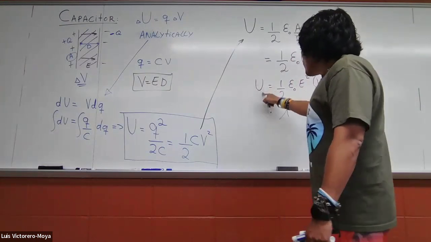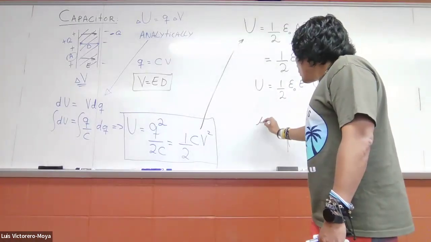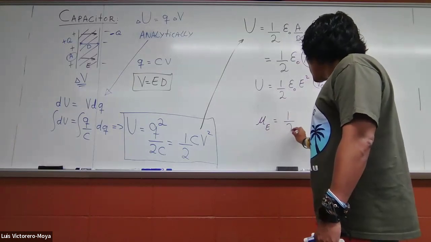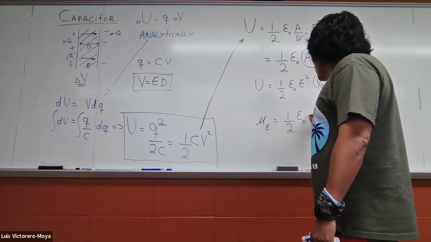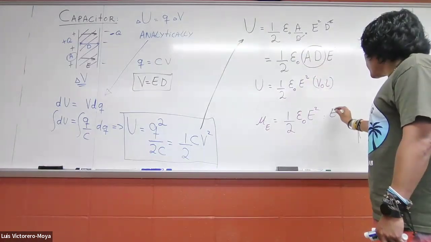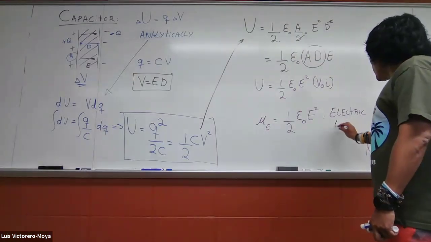That's the energy. So if I divide energy over volume, I get what we call mu E, which is 1/2 epsilon naught E squared. This is what we know as the electric energy density.